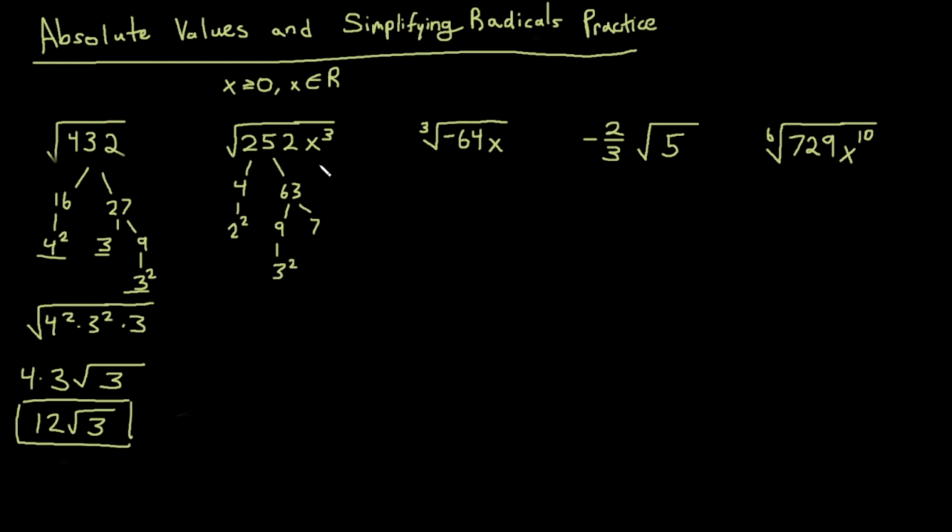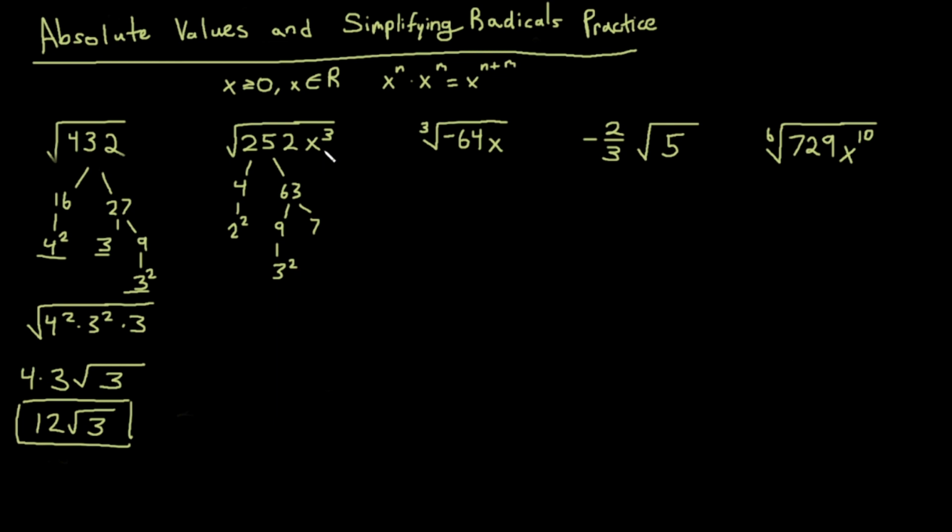Now, let's take a look at our x value. We know that if you multiply a variable with an exponent with another variable with an exponent, you would just be adding the exponents. So for example, x to the n multiplied by x to the m is just equal to x to the n plus m.